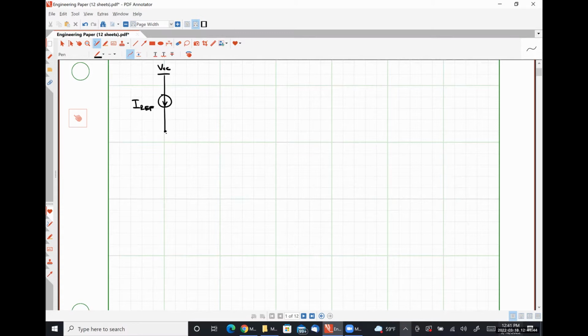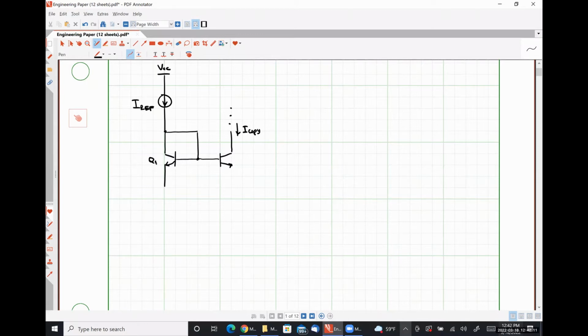And then we have a diode connected BJT on this side, and a not diode connected BJT on this side. Here is our current I copy.